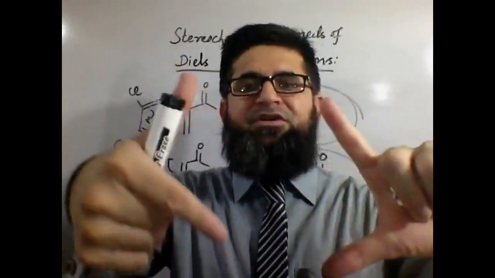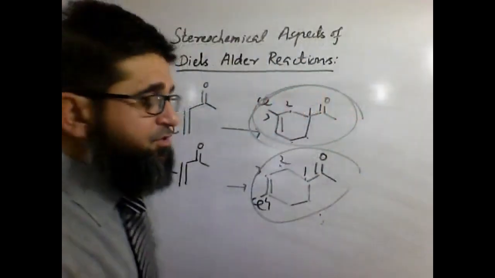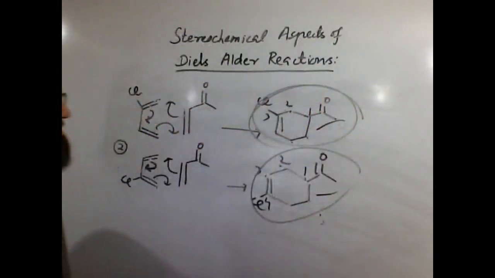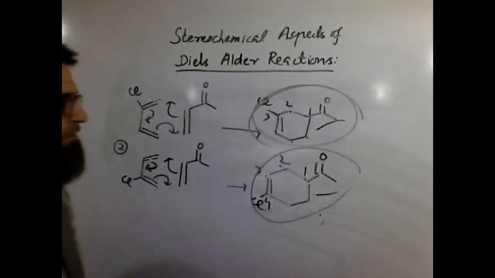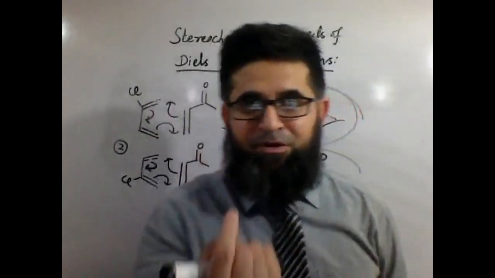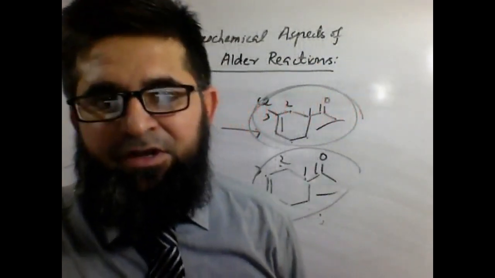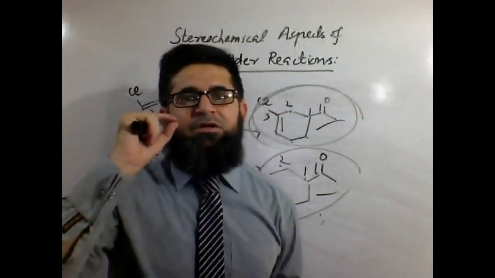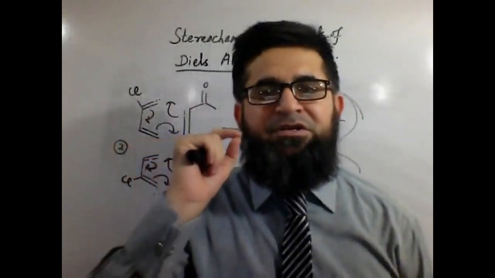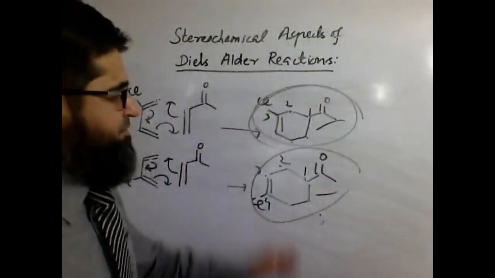Then there are two cases, two products, this product and this product are possible. In such cases, which one is supposed to be the dominating one? One will be the major product, the other will be the minor product, the product which you will receive in a small amount. Two are possible, this way or this way.